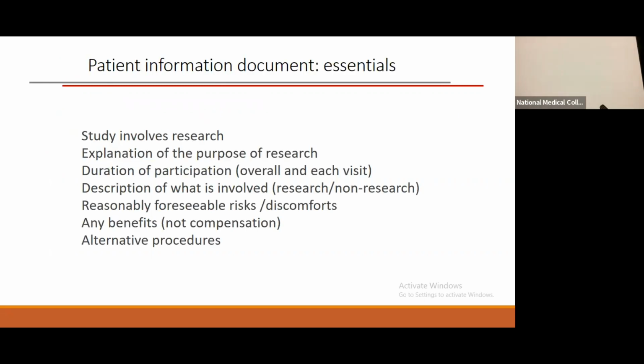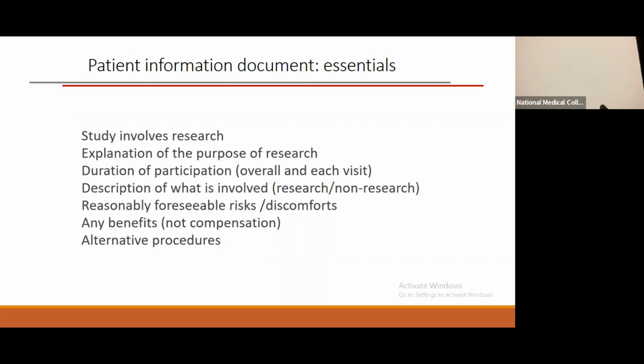So what should the patient information document contain? One, you need to upfront say that this study involves research. If it is for a clinical procedure, like when you take patients for surgery, then patient gives a different consent. There you don't need to say that it is for research. What we're talking just now is all for research studies.